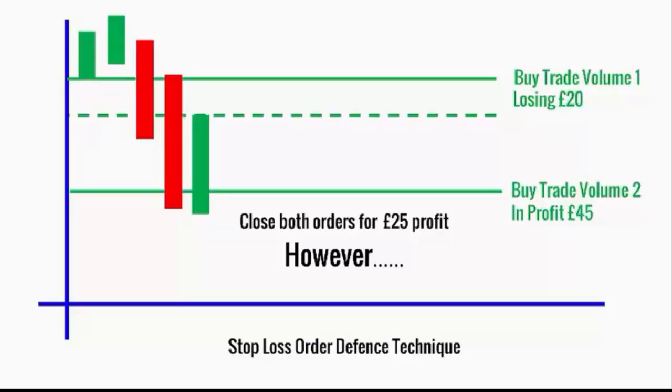It's still a legitimate way of trading, and I know that Ian has used this many times successfully. I have used it successfully, but it's not going to be my first port of call, and I include it here for the sake of completeness and to give you more options.